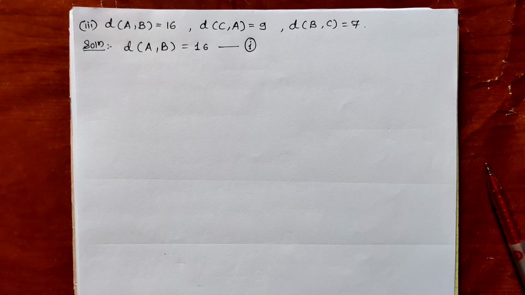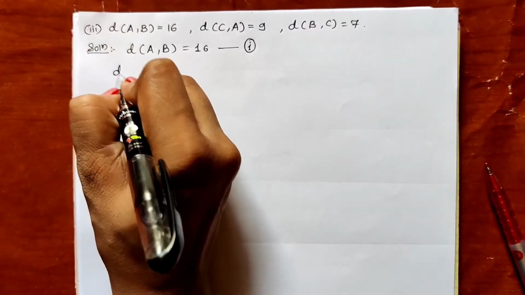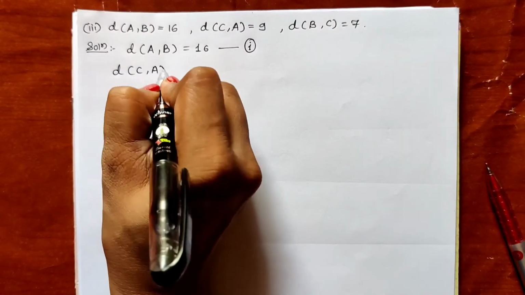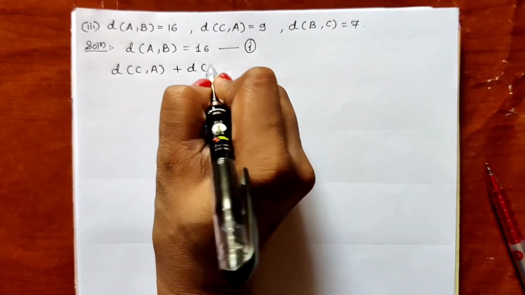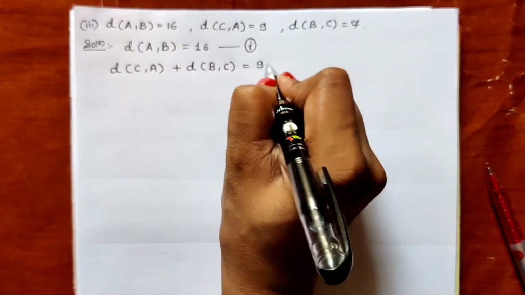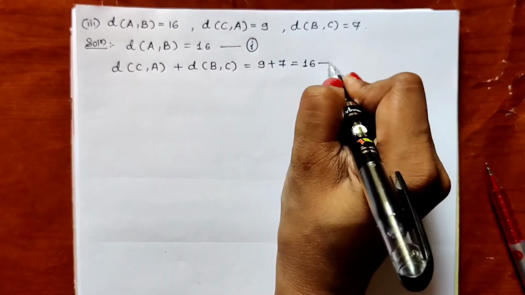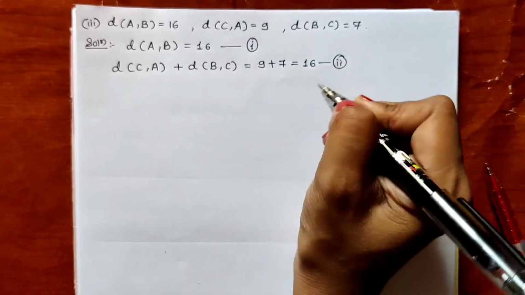Now let us add these remaining two distances. Distance CA plus distance BC is equal to 9 plus 7, which we all know is 16. This will be our equation number 2.